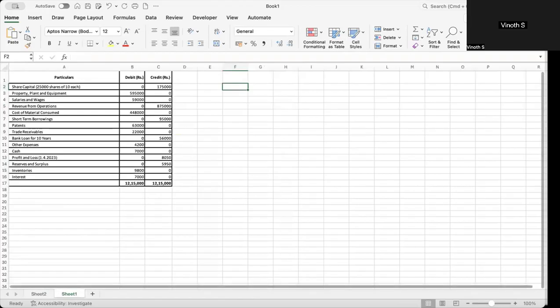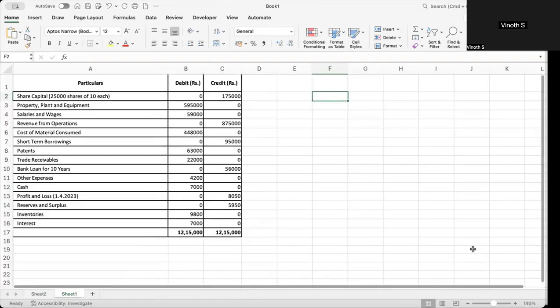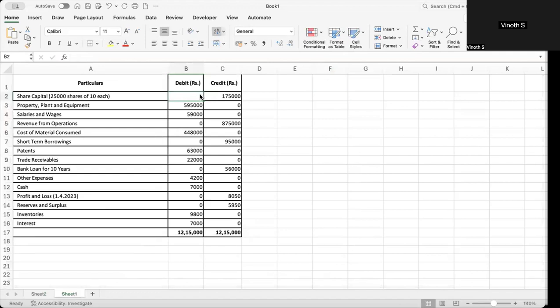So now I have taken this particular question. It's not a very difficult question. You can see there are only 15 to 16 items appearing in the question. It's a trial balance.